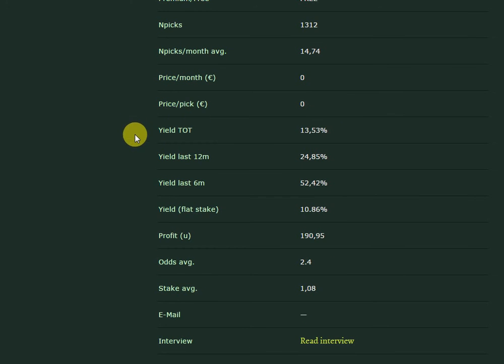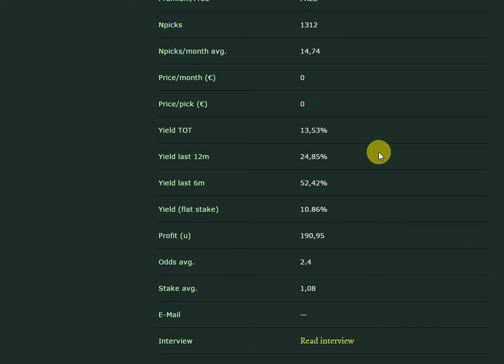The yield is close to 13.5%, so quite good in these 1,312 picks. But last year he reached about 25% of yield in the last 12 months.